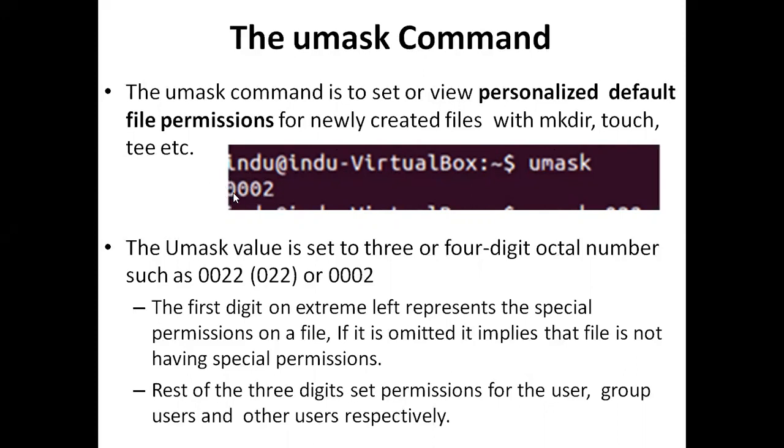If it is a 4 digit octal number, then the leftmost 0 stands for special permissions on a file. If this 0 is omitted, it implies that the file does not have any special permission. The next 3 permissions are for the user, group users, and other users.